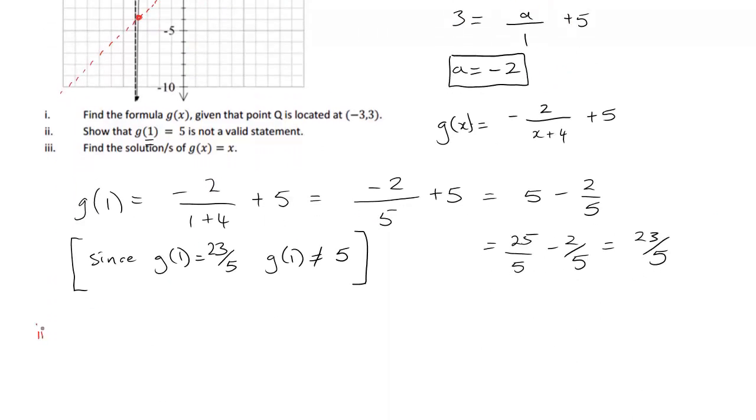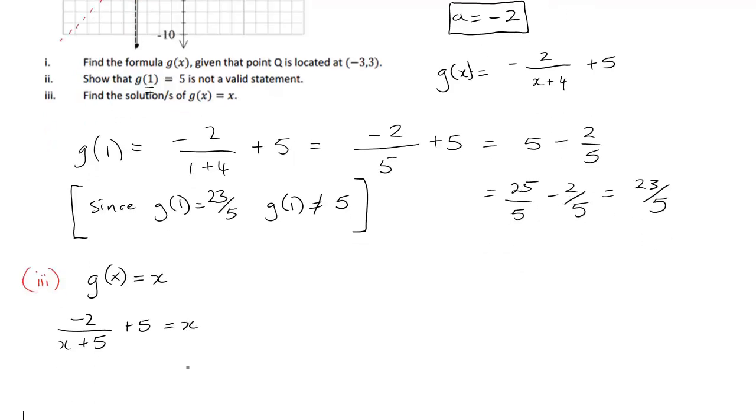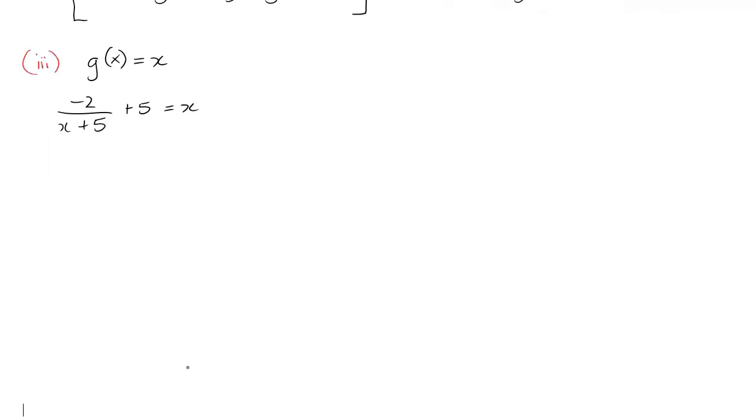So to complete question 3, it's important to equate, you're making g(x) equal to the value of x. And therefore you need to solve for x. So this is equal to x, like so.